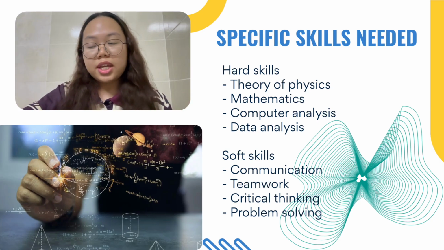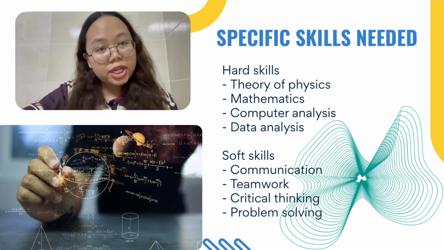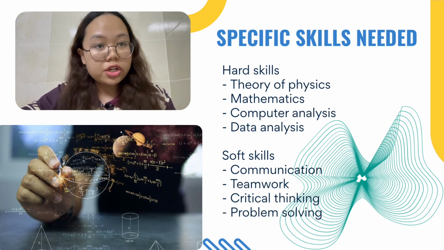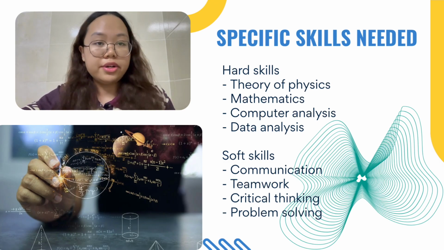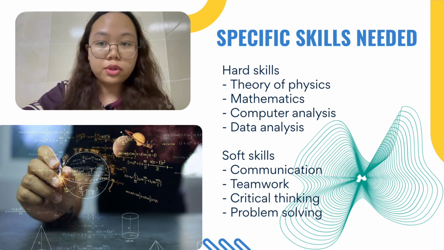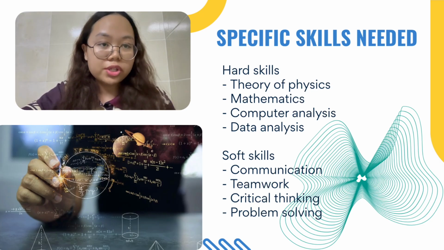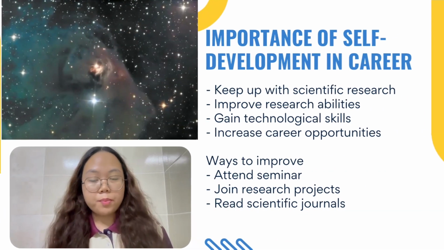Next are soft skills. Communication is one of the important parts that helps us to communicate with each other without misinterpreting others. Not to mention, teamwork also plays a crucial role to make sure the study is successful. Critical thinking and problem solving are also important skills that we all need. In a career, self-development is important.